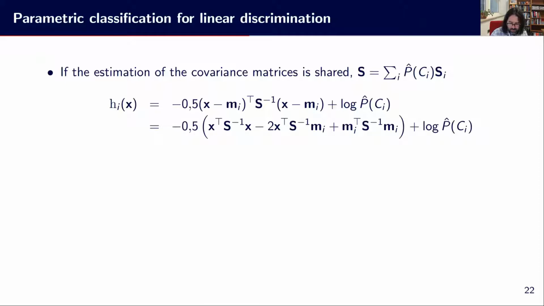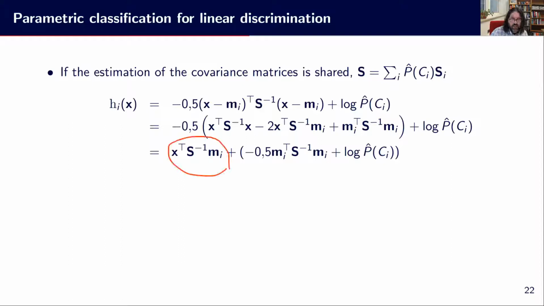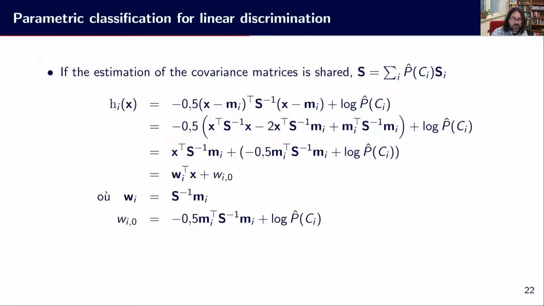And developing this further, this equation, we get into that version, which is basically X transpose, inverse of S, times mi, the mean vector for class i, plus this thing, which is invariant of X. X is not in that part on the right, so we can consider this as a constant, while this thing is depending on X, because we have X transpose at first.